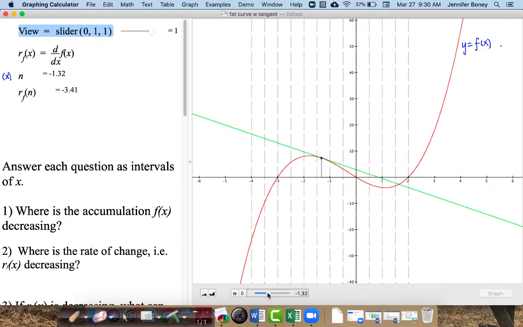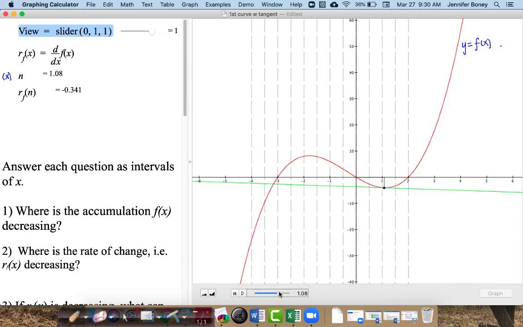Negative 2, negative 3. Let me put this back to playing mode again. Negative 4, negative 5, negative 6. Oh, and then it pauses and goes back. Negative 5, negative 4, and so on. So when we reach the bottom of this hill in the function, visually speaking, I can see right around there this derivative is very near 0.